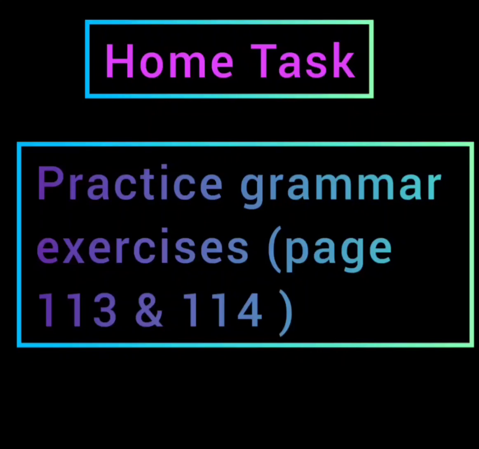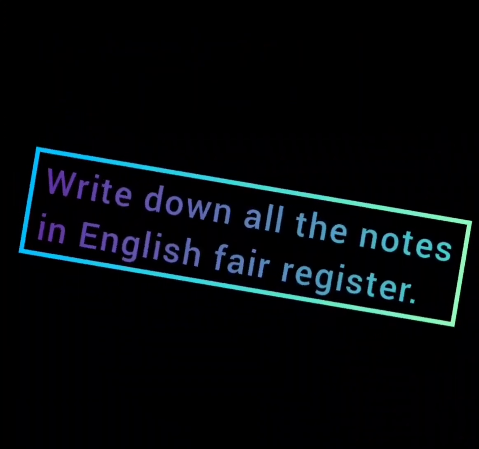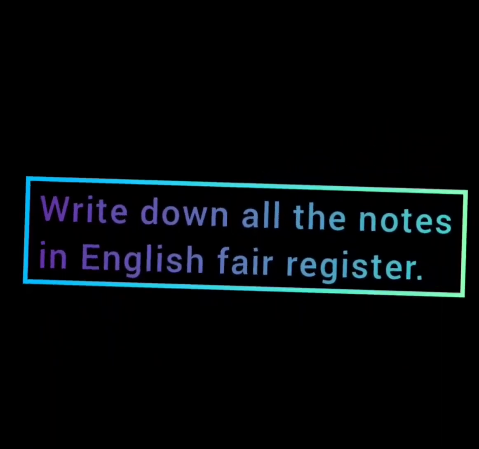And in the upcoming online sessions, I will be discussing the answers of those exercises, okay? And then we will proceed further to subordinating conjunctions and correlative conjunctions, okay? Till then, you have to keep on practicing and you have to keep on completing the notes in your English Fair Register. Okay, students?